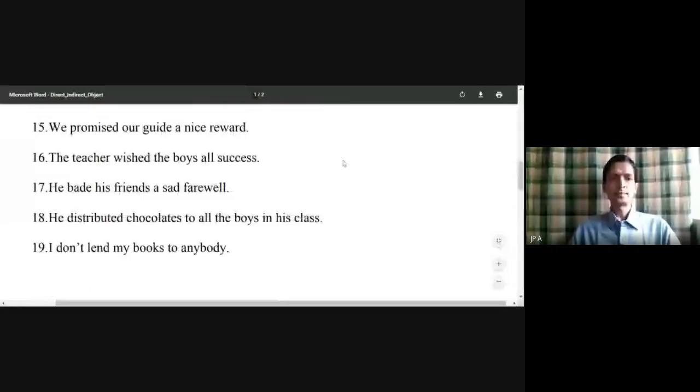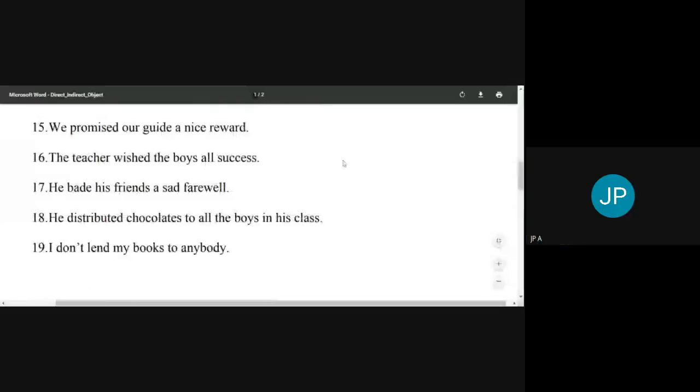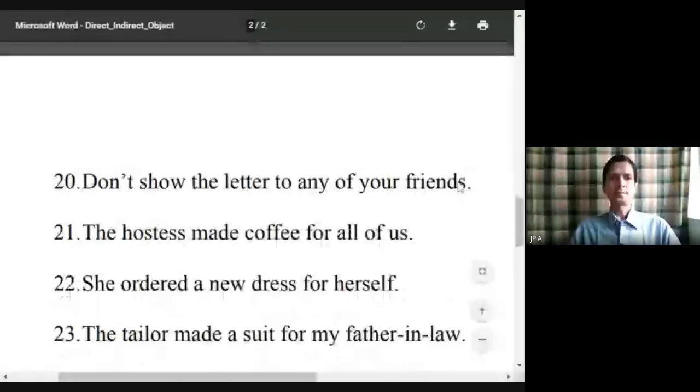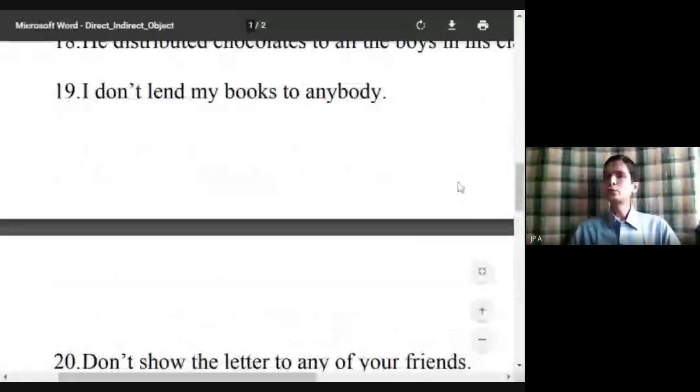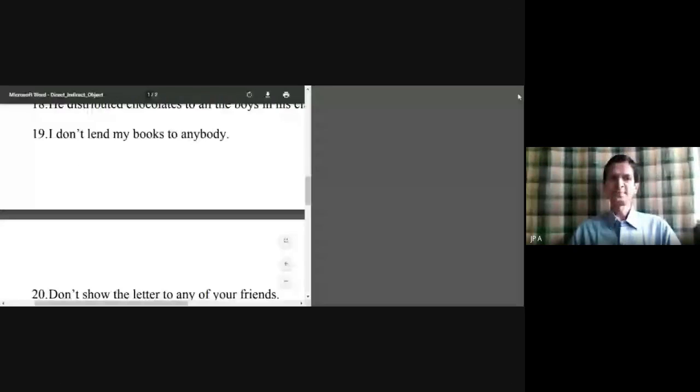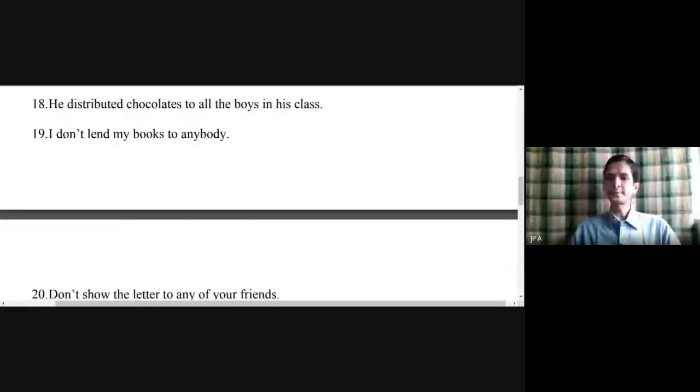Okay, the last, we have some more. I don't lend my books to anybody. Which is the verb? Lend is the verb. Very good. So lend what?